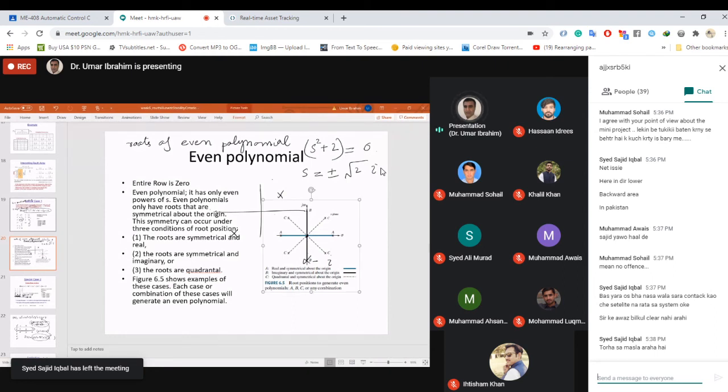Similarly, this root cannot exist in the complex plane without its conjugate. So it needs to have a root here. Then if this root exists here, there needs to be a mirror image here. And that finishes the lecture.